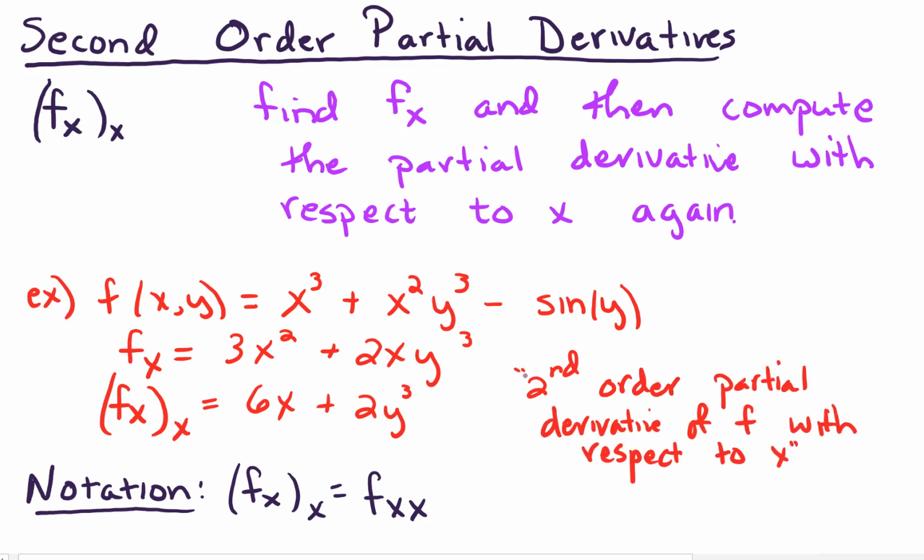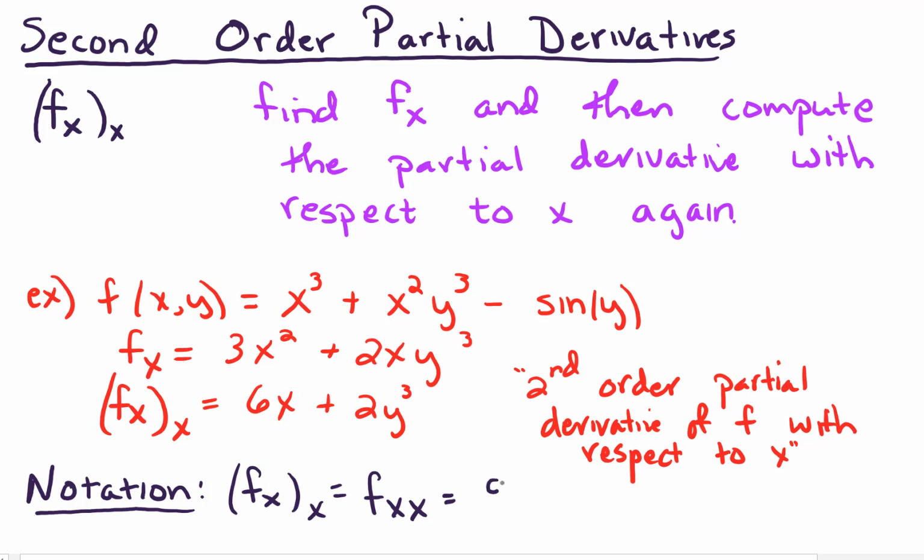So the notation you'll see, well, we started off with this parentheses notation. So inside the parentheses there's a partial derivative, and then on the outside there's another partial derivative, and so you end up doing two partial derivatives, both with respect to x. So you'll see the subscript notation f sub xx. But there's other types of notation you can also see for the second order partial derivative.